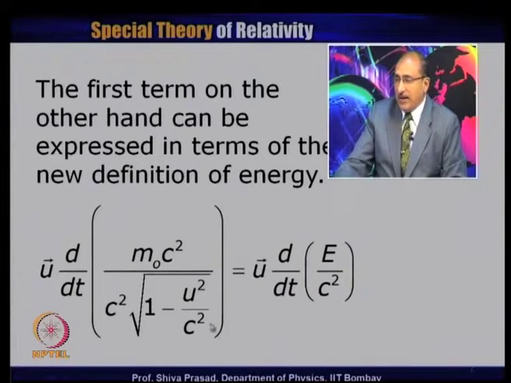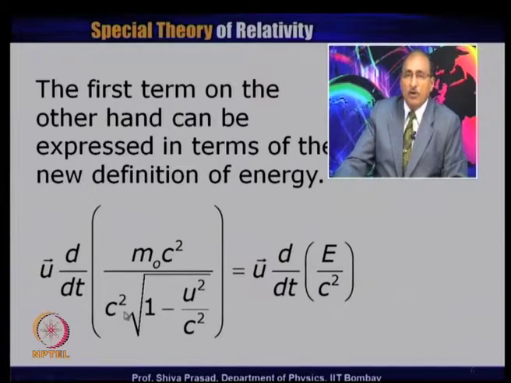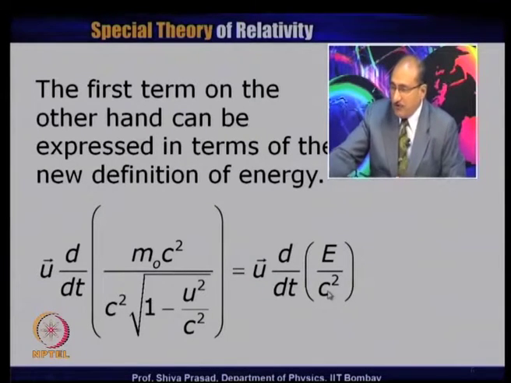So, this whole quantity can be written as the total energy of the particle divided by c square. So, the first term in that integration by parts can be written as u multiplied by d/dt of E by c square, where E is the total relativistic energy of the particle. So, just expressing it in a different form.